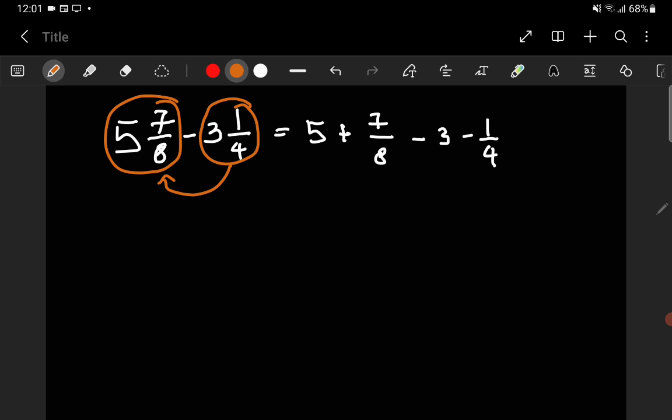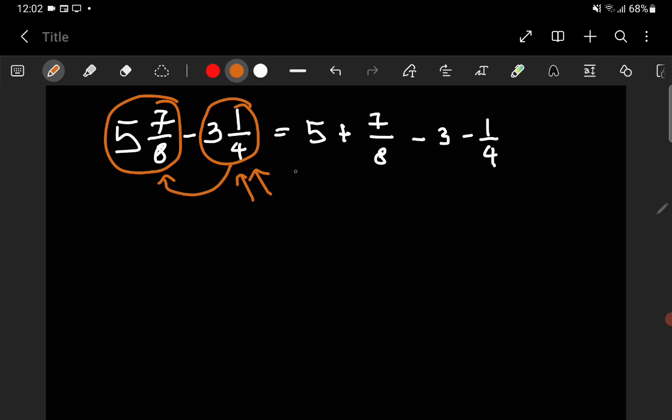So for this mixed fraction, the minus is not only the purpose of having 3 in the question, but the minus is also the purpose of having 1 over 4. So the 5 7 over 8 will be minus by 3, and then will be minus by 1 over 4.